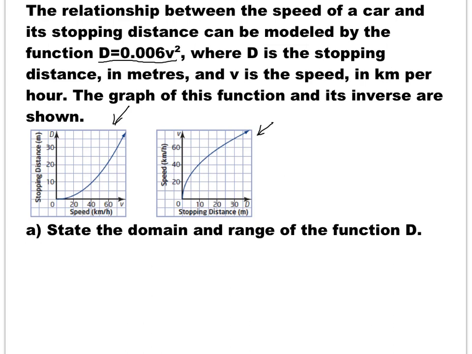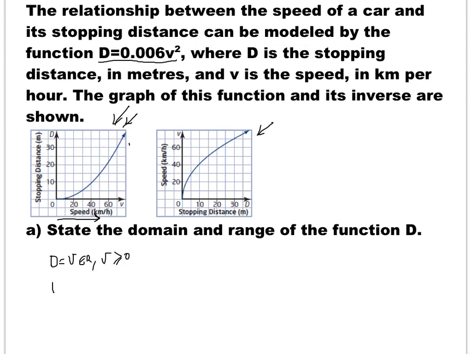When you look at this function here, you can see that your speed values, or the x values, are going to be from 0 upward. So we can say that the domain is v in R, and v has to be greater than or equal to 0.